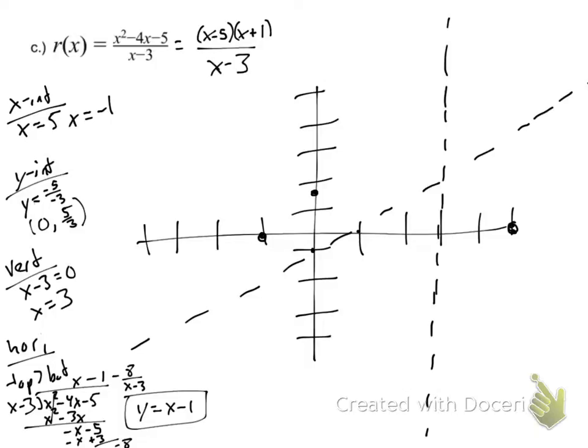Okay, how many T-charts do I need? 2, because there's only one vertical asymptote. One for this side, one for that side. Now I'm just going to throw this out there. I'm assuming we're either going to be here and here, like the vertical angles of each other, or I will be here and here.